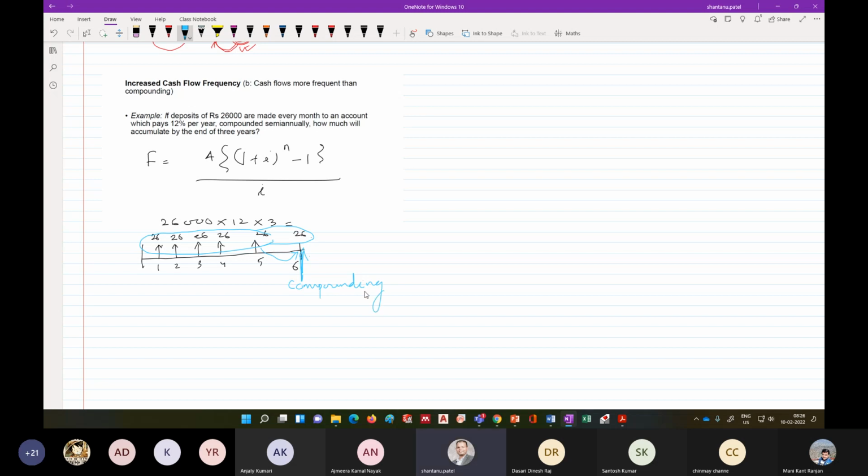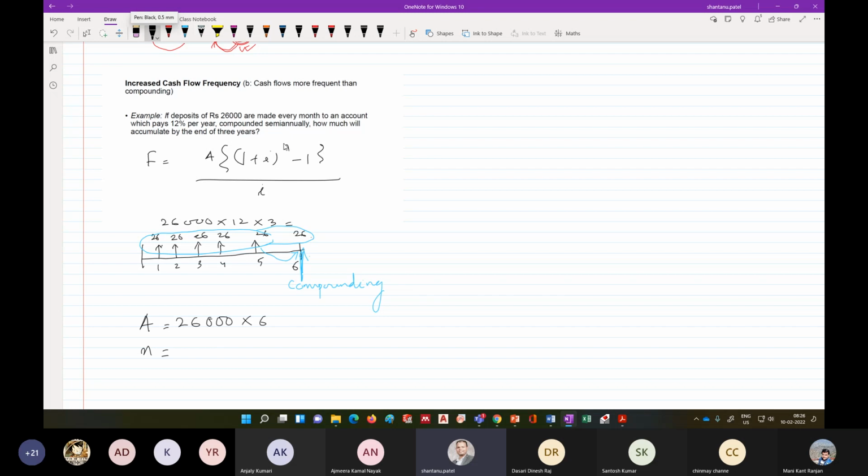Now how much is going for 6 months? That will be our A, right? A equal to 26,000 into 6. This is the money we are getting within those 6 months.